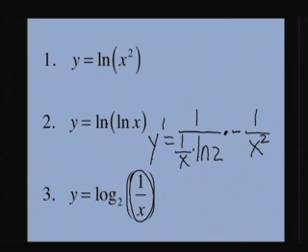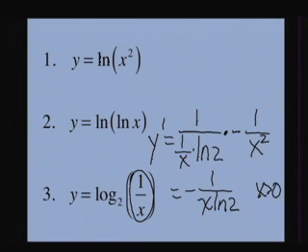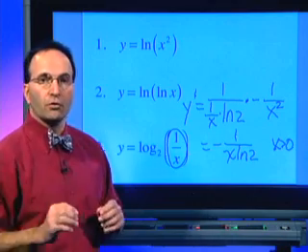And when we simplify this, it'll work out to be -1 over x times the natural log of 2. And again, note that that means x is greater than 0. So that's an application of those two rules.